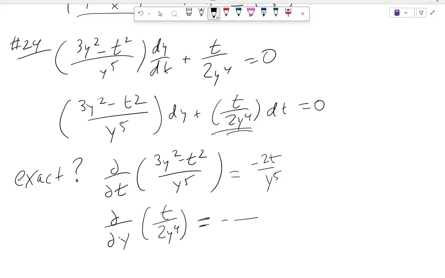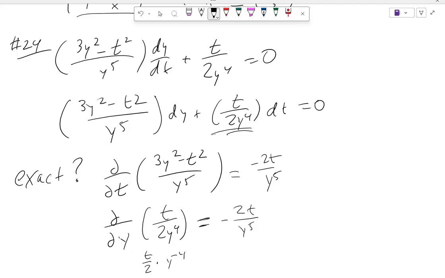This is t over 2 times y to the negative fourth. What do you get when you bring the negative 4 down? It's a negative 2, isn't it? 4 times a half. Better be if it's going to be exact, right?